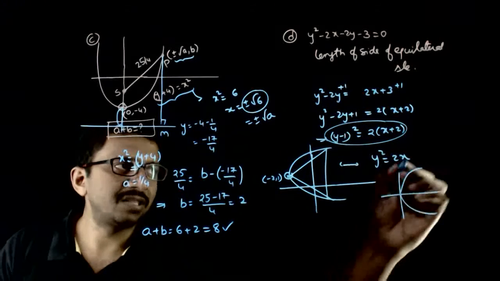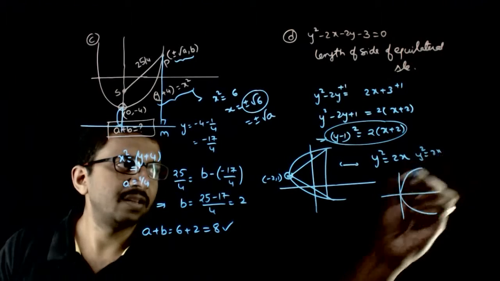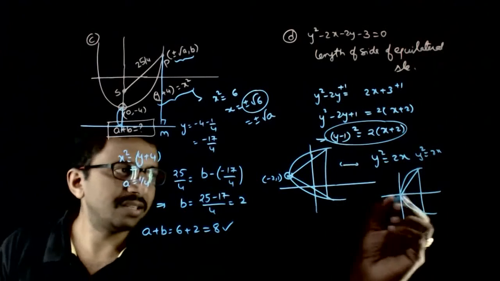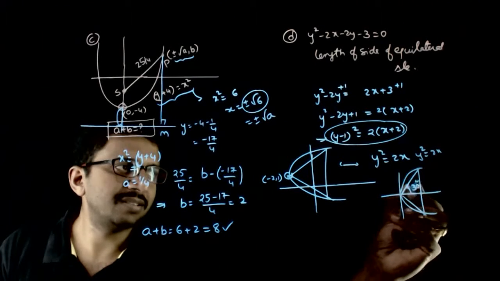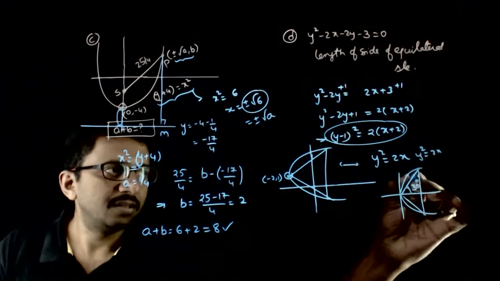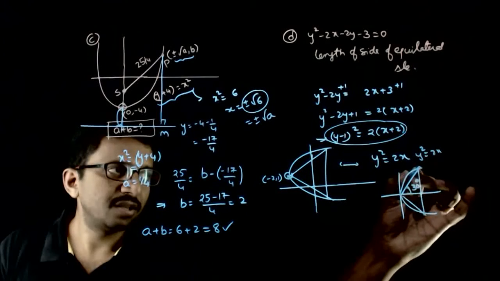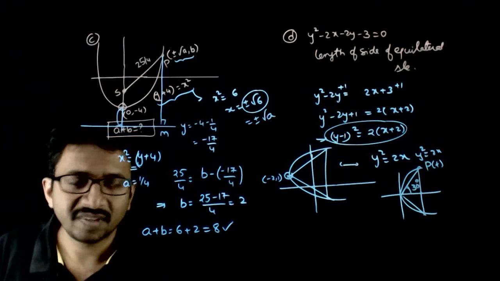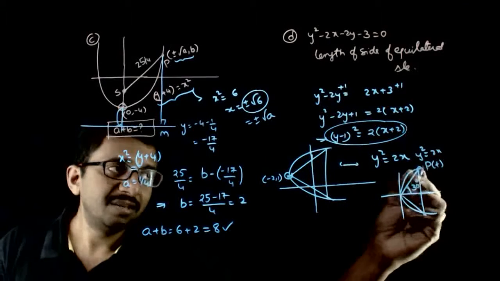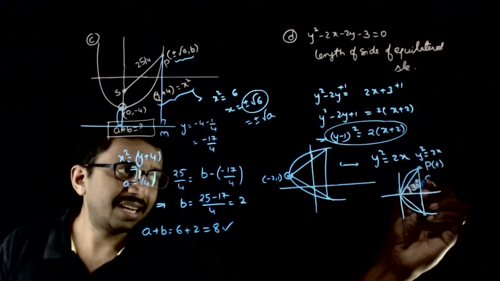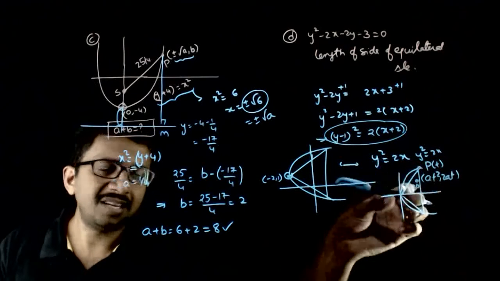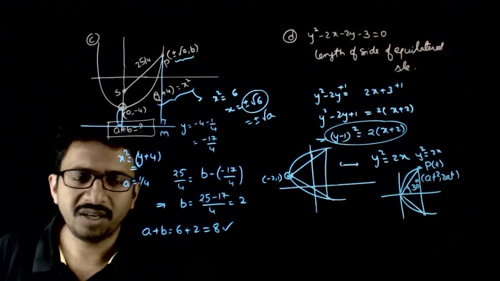So if this is the parabola y square is equal to 2x, and I have to inscribe an equilateral triangle, the simple logic is that this angle has to be equal to 30 degrees. If this point has a parameter t, the coordinates are at square comma 2at. Tan theta has to be equal to 1 by root 3.